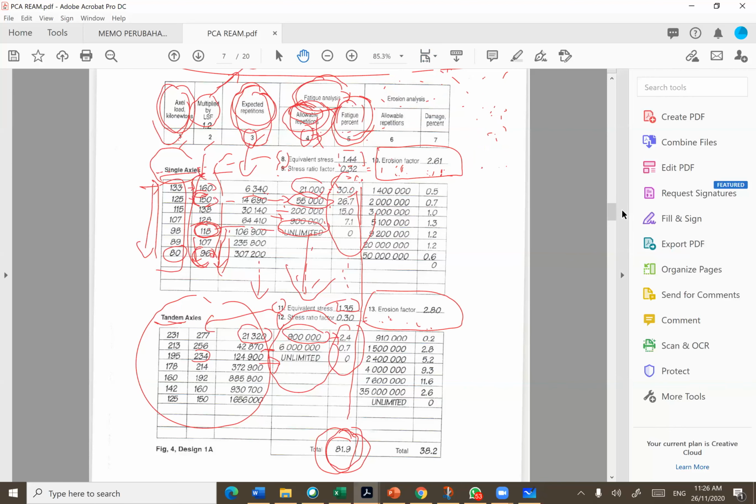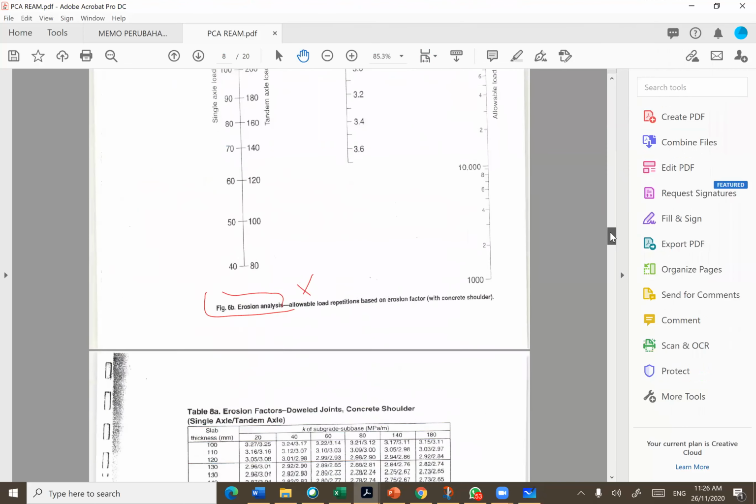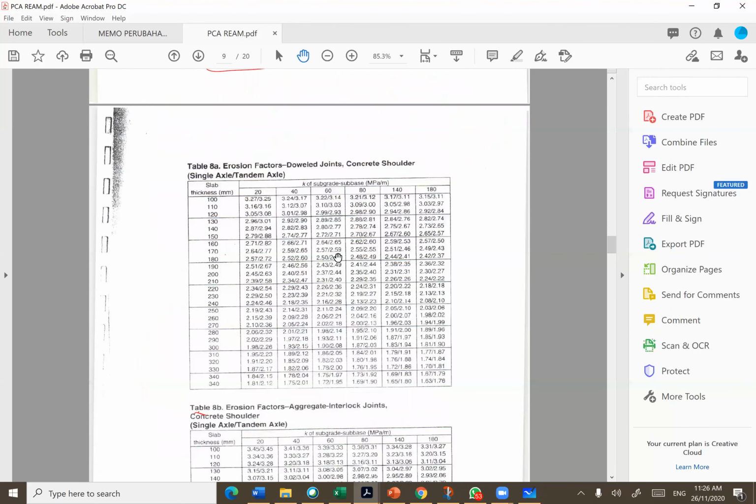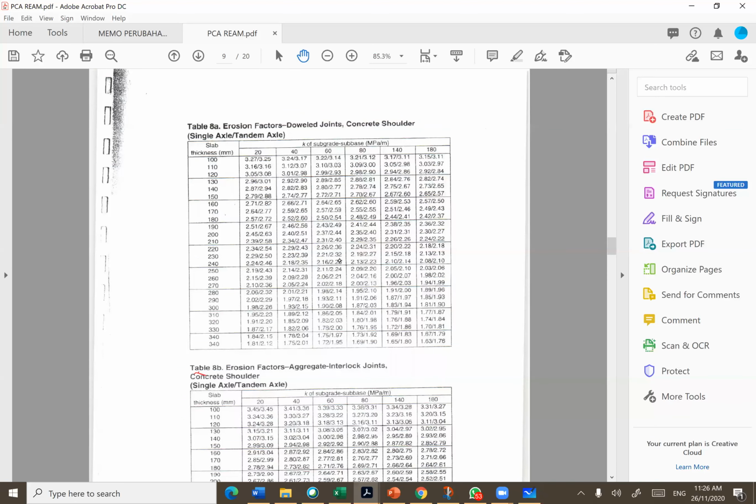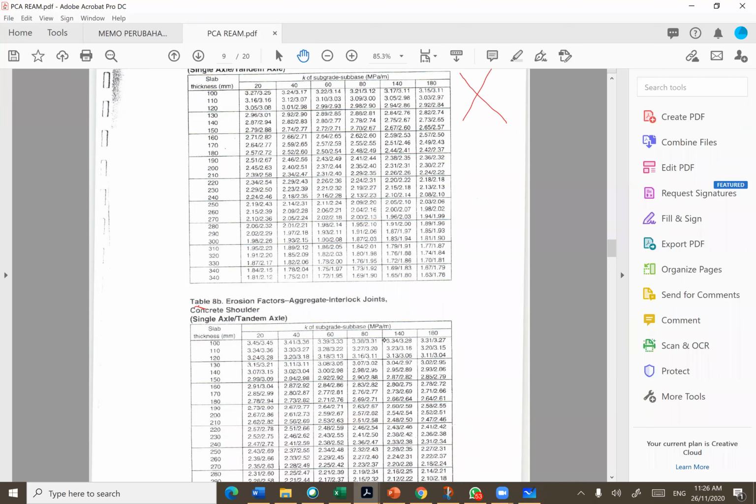So where do these single and tandem values come from? The erosion factor. Here there is Table 8A, erosion factor, dowel joints, concrete shoulder. This is not ours, because ours has no concrete shoulder. This one is erosion factor, aggregate interlock, with concrete shoulder.